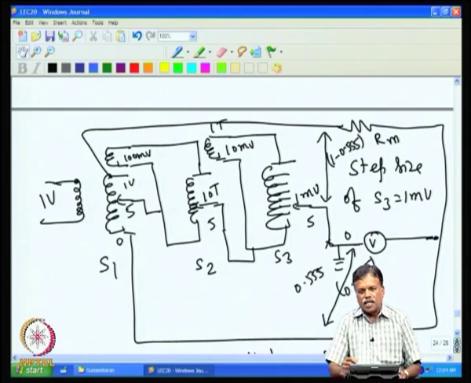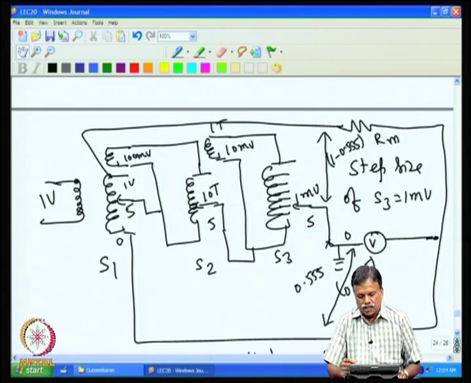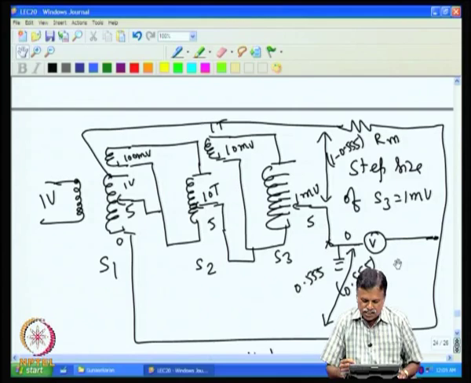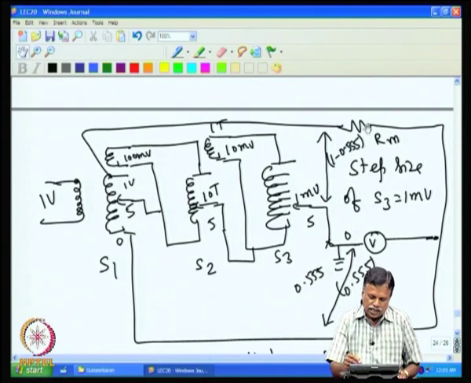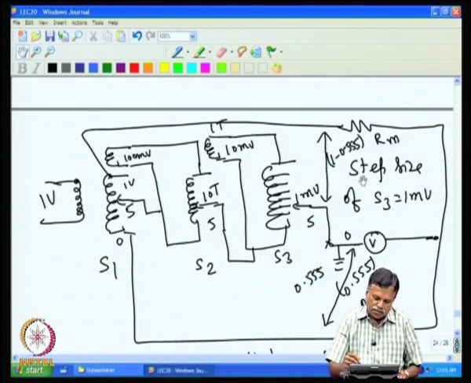So, this method is very accurate. One can go to the parts per million level of accuracy in resistance measurement, particularly high resistance measurement. Of course, this bridge can also be used for medium level resistance. For example, at the 1K, 10K level, if I want to compare, I can compare and get it accurately.